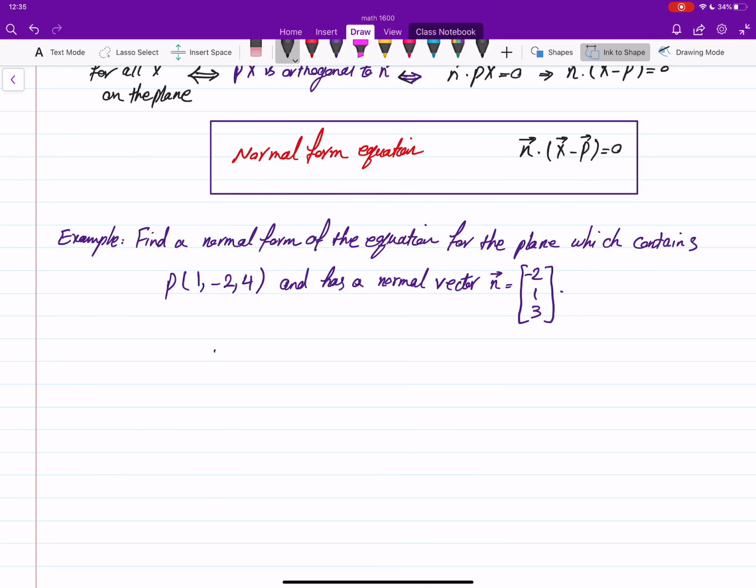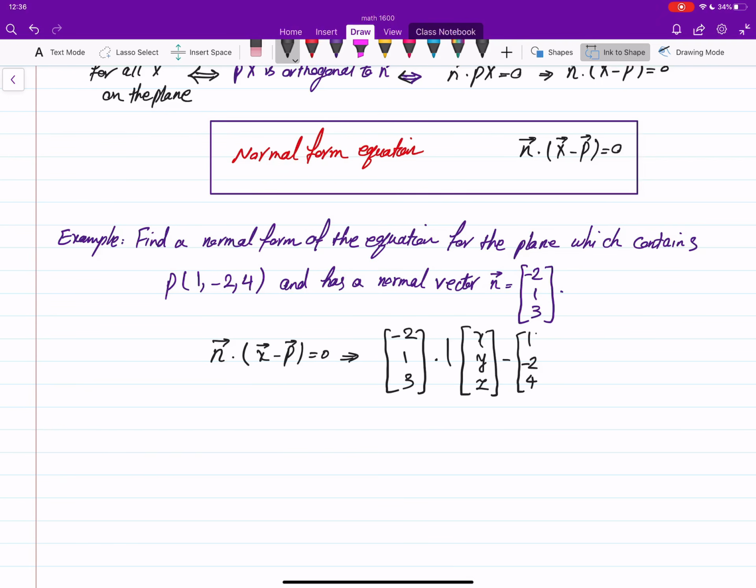As a result, we have n dot (x minus p) equals 0. Well, n is negative 2, 1, 3, dot x, y, z. These are the components of the position vectors of the points on the plane. And p is 1, negative 2, 4.